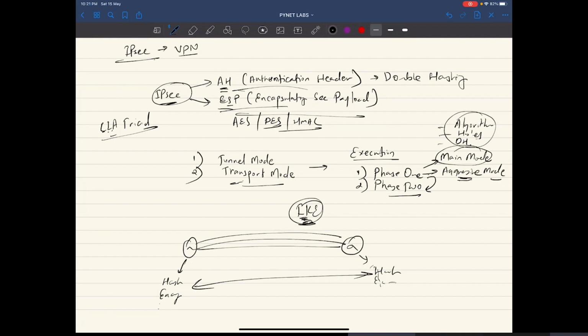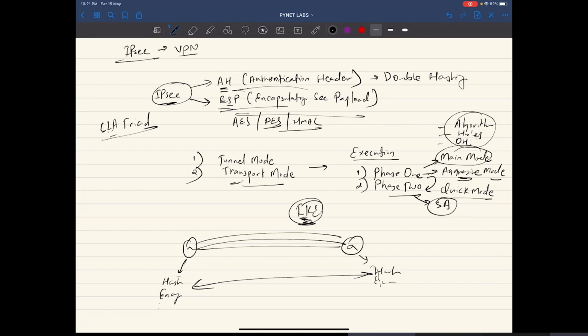There is only a single mode in phase two, called quick mode. In quick mode, it exchanges the negotiation protocols that have been set up by matching them. This is where security associations are formed and the IPsec tunnel is created. That's how the process works.